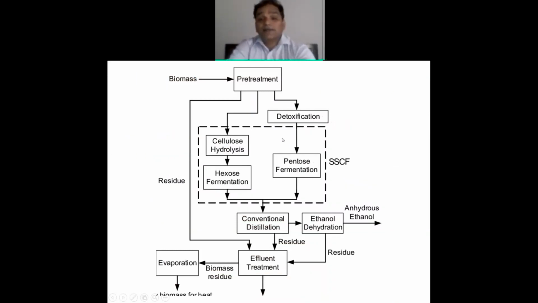In case we want to go for the ethanol process from biomass components, we have to get detoxified hydrolyzate, otherwise we will not be able to get purified ethanol in a larger quantity. So detoxification has also been studied. This is another research area.